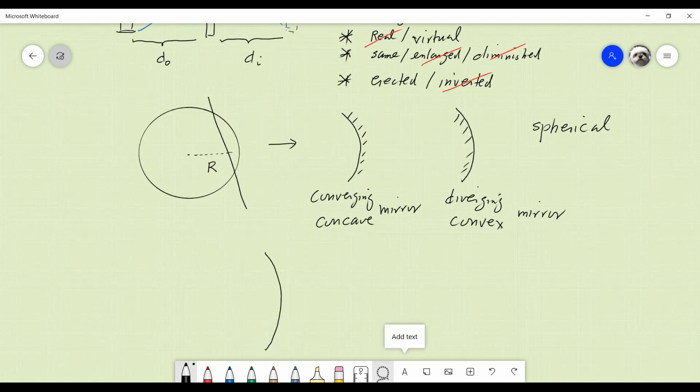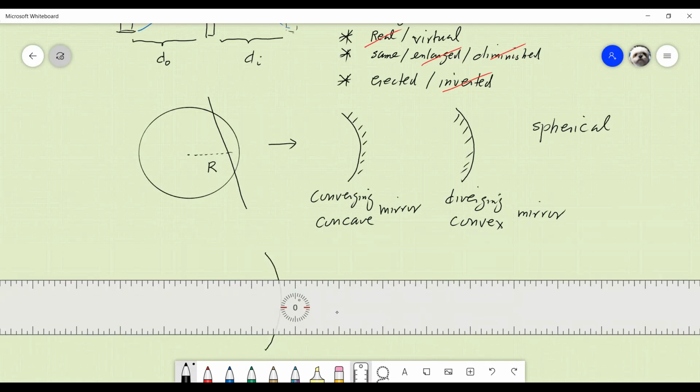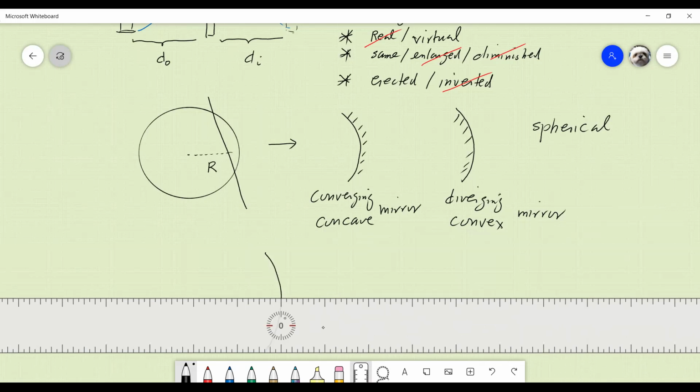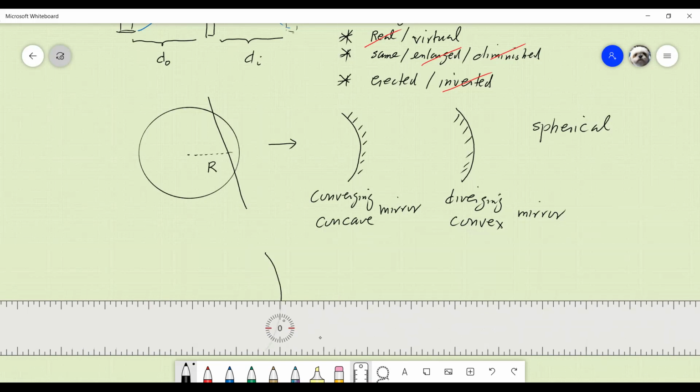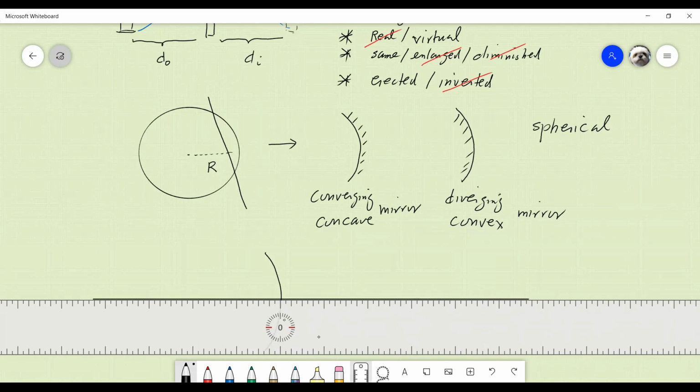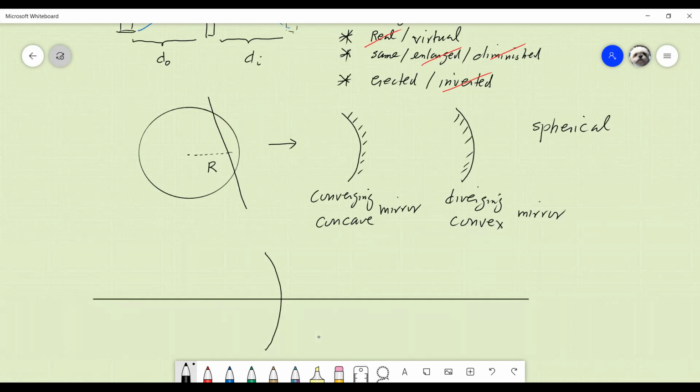For this type of mirror, you always bisect in the middle, right? I'm going to draw a line here. This line we call the principal axis.